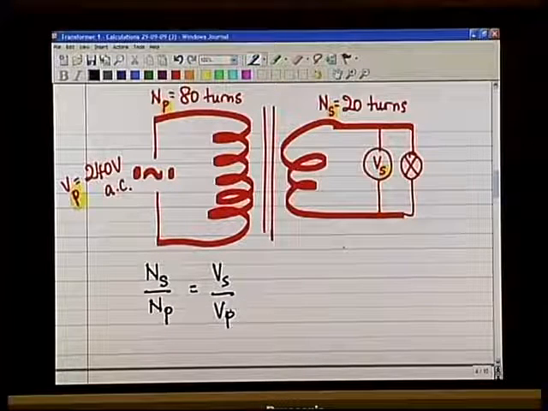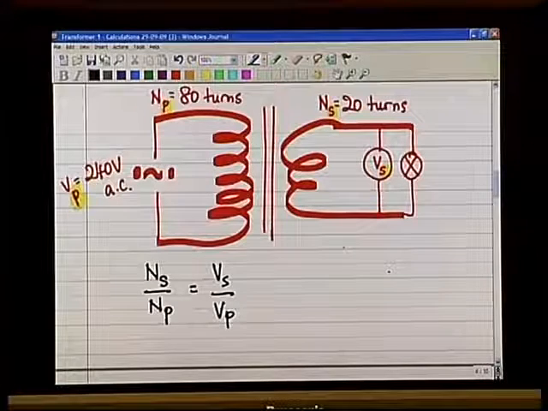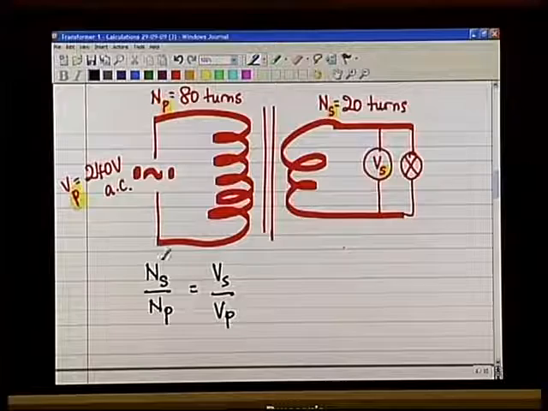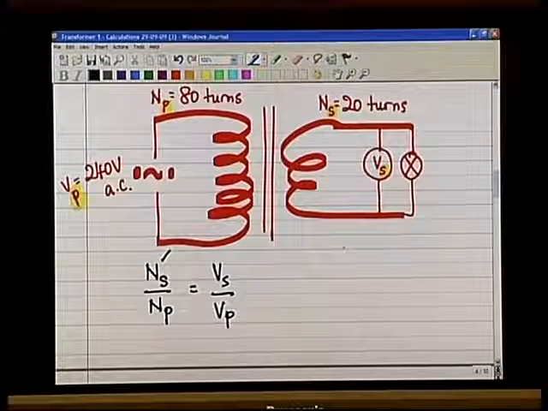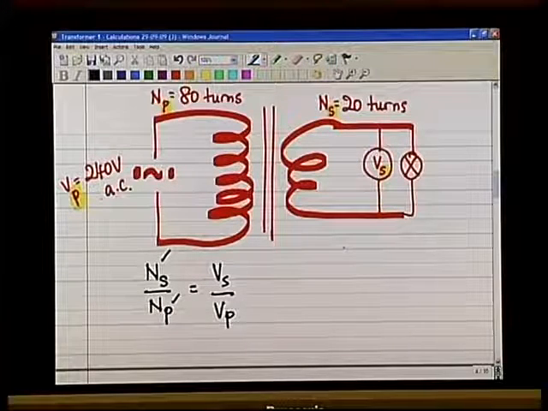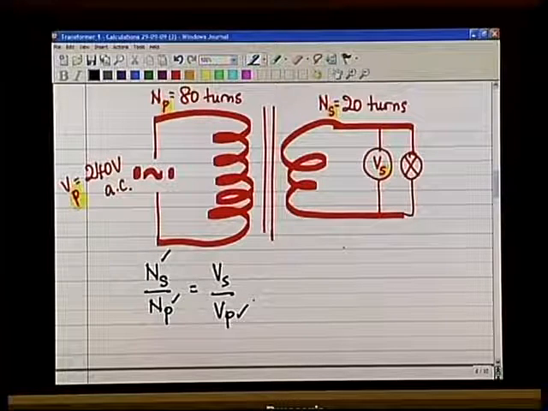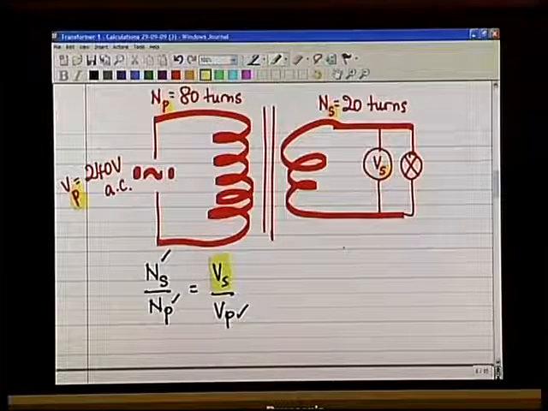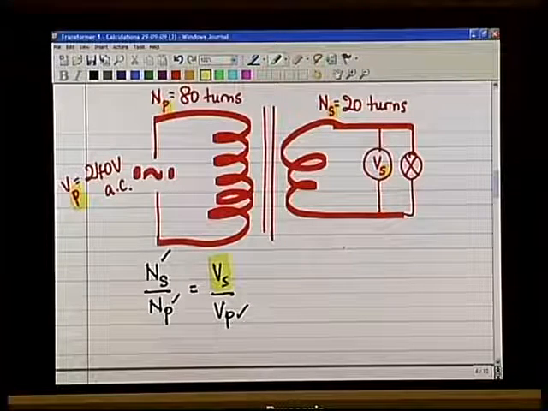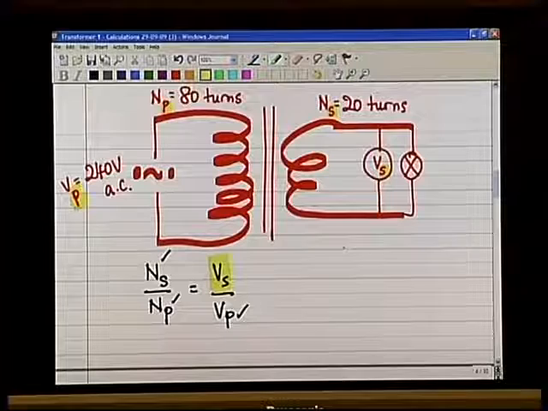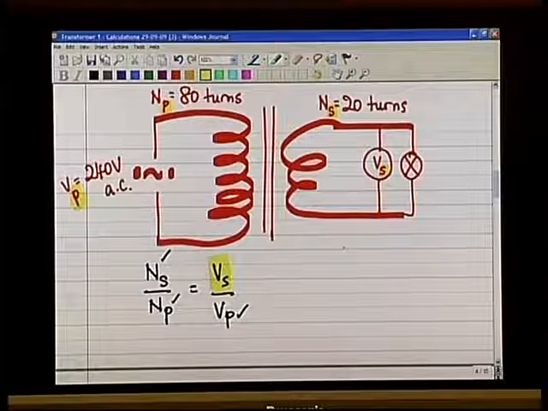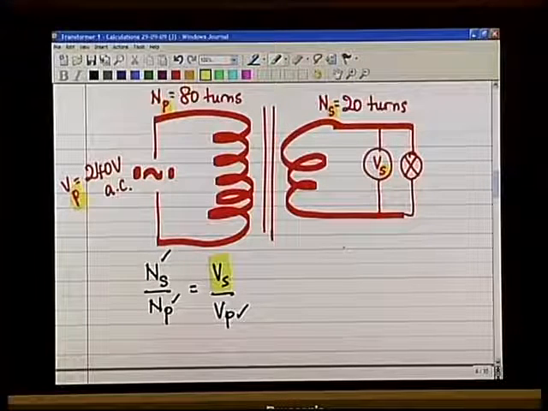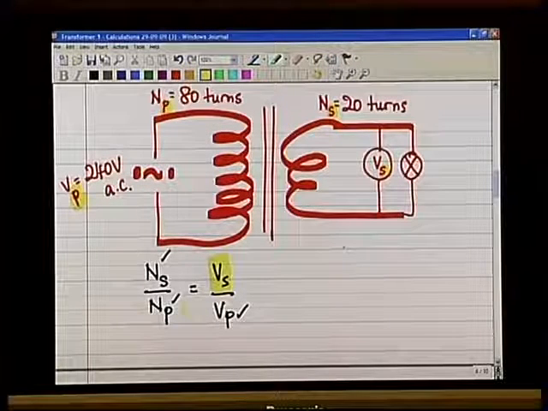Now, we need to calculate what is Vs. Do I have Ns? Yes. Do I have Np? Yes. Do I have the value of Vp? Yes. And what do I want to calculate? I need to calculate the value of Vs. That is the question. So, all I have to do is to substitute the values of Ns, Np, and Vp into the equation, and I can get the value very easily.